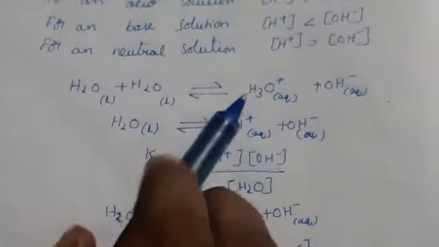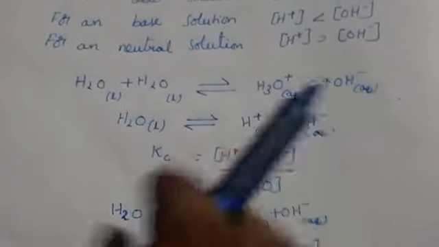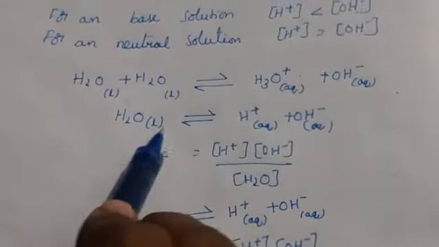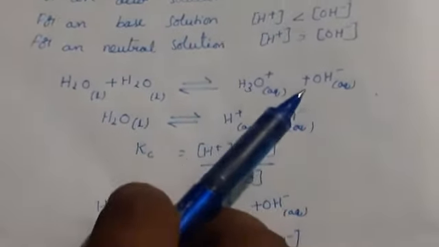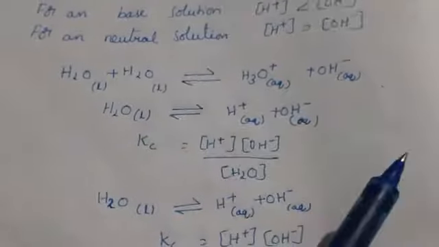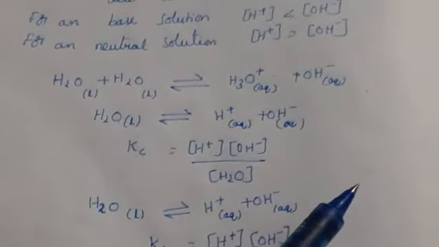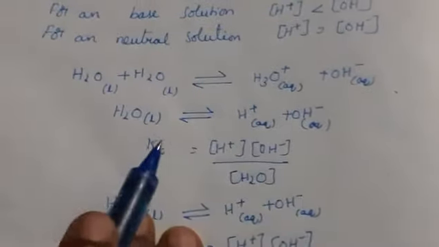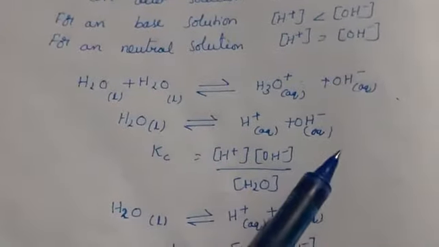This is the ionic product of water. One H2O molecule dissociates into H plus and OH minus. Dissociation is when a molecule is divided into atoms in the presence of some energy.